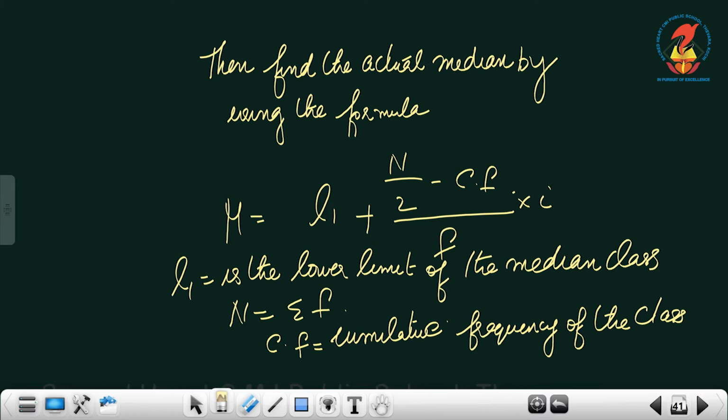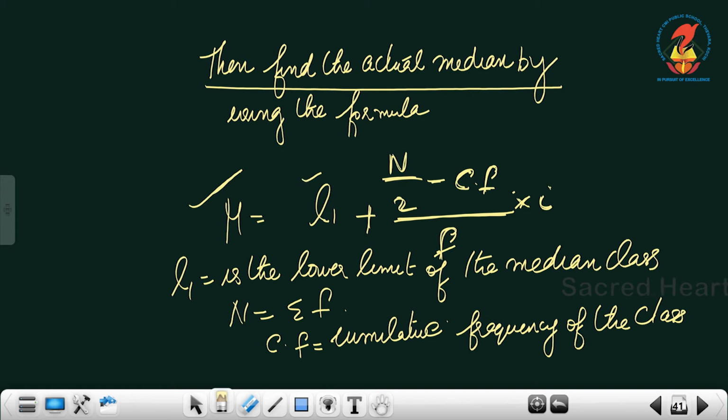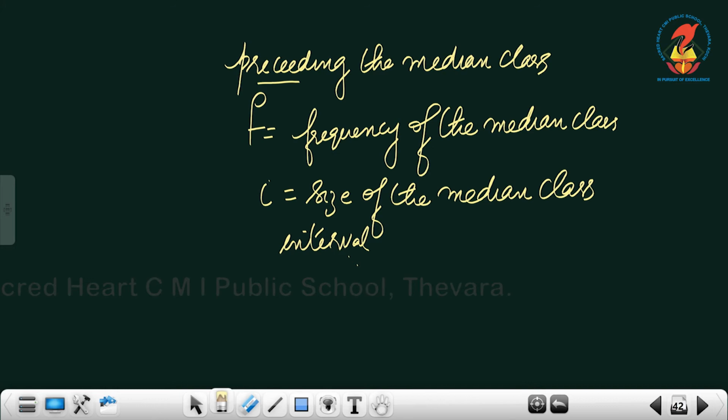After finding the median class, to find out the actual median, you have to use the following formula. What is that? M is equal to L1 plus n by 2 minus Cf by f into i, where m is the median, L1 is the lower limit of the median class which you have found, n is as usual sigma f, Cf is the cumulative frequency of the class preceding the median class.